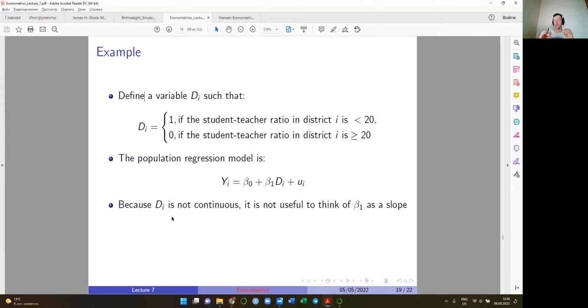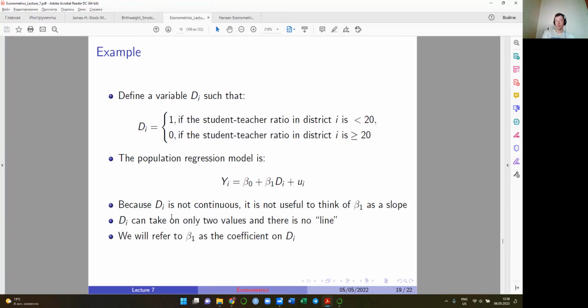And we cannot call beta 1 a slope of a line because it is not a slope anymore. So there is no line, and definitely we cannot think about beta 1 as the slope. So we just call this the coefficient on d_i. It's not a big error or mistake if you call it slope, but technically it's not a slope. It's just a coefficient.